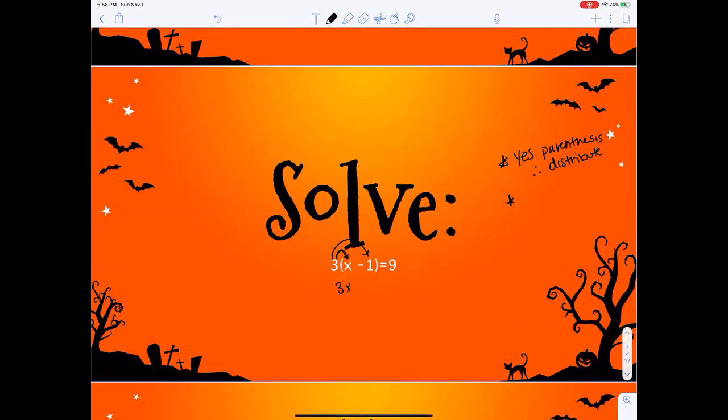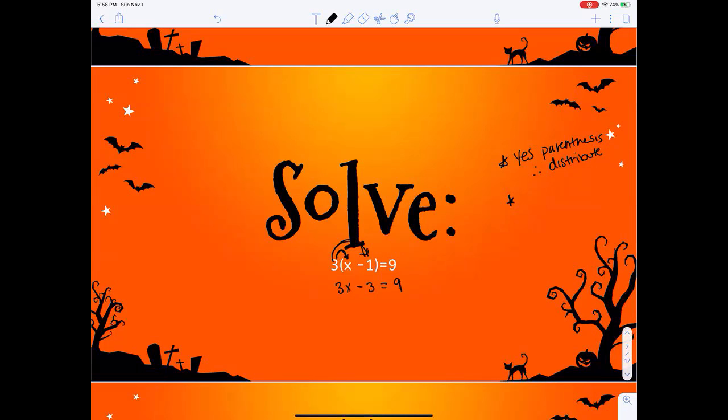If you think about these arrows as little rainbows, or distribution arrows, you want to do 3 times the first thing, and then 3 times the second thing, which is -1. 3 times -1 is -3. And then we still have 9 on this side.